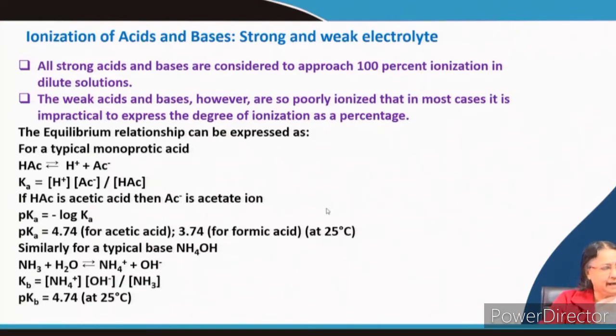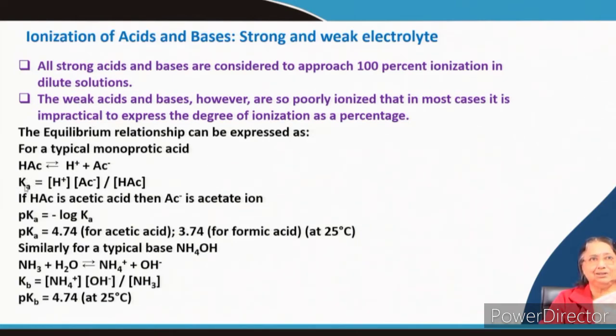Now, here as the example I have shown a monoprotic acid, the acetic acid, CH3COOH. Because it is not 100% dissociated, we must consider the equilibrium constant, which is usually expressed as Ka.